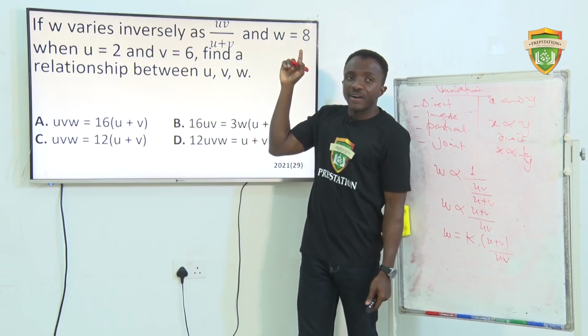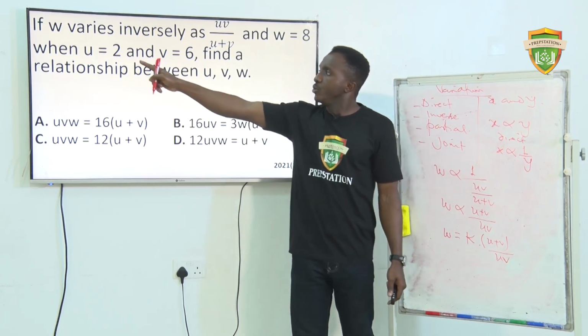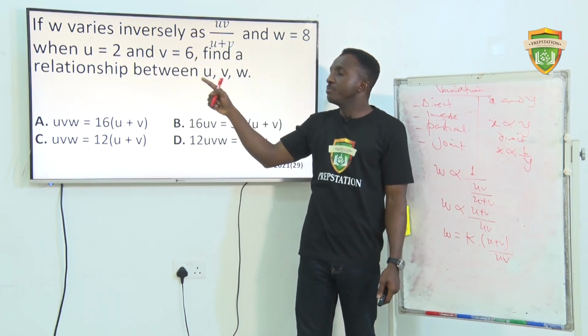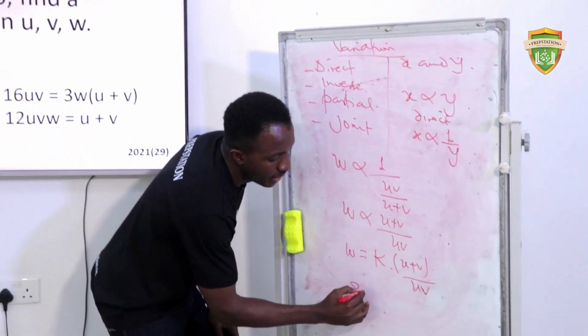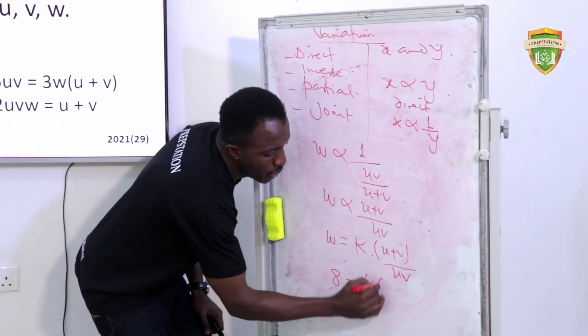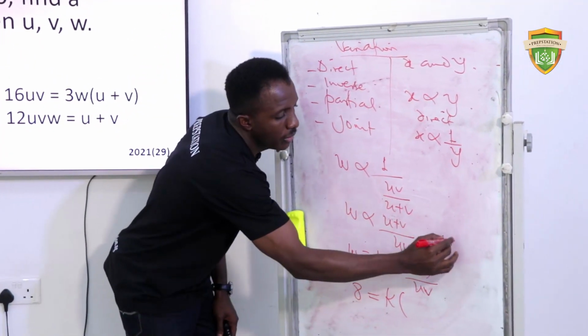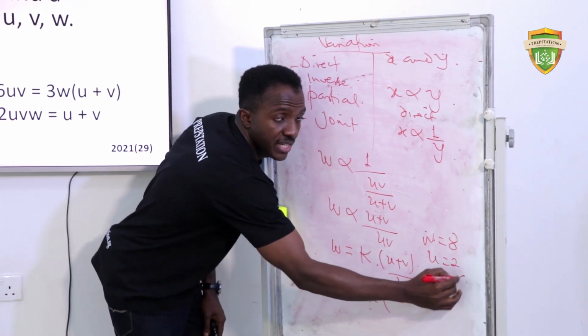Now they're giving us values here. They said w is 8 when u is 2 and v is 6. Find the relationship between them. So w is 8, u is 2, v is 6.